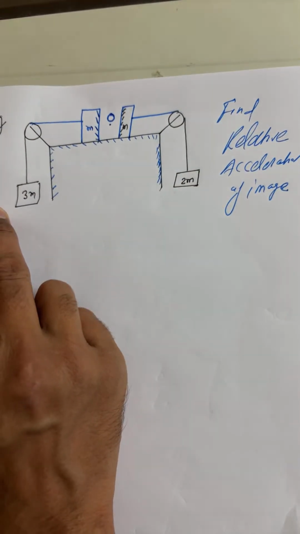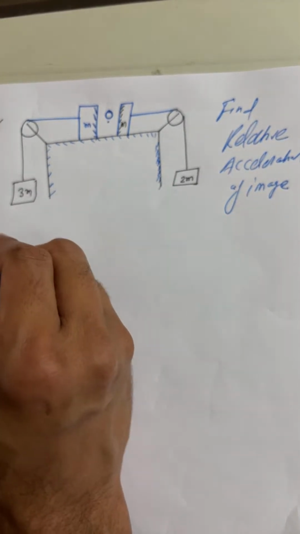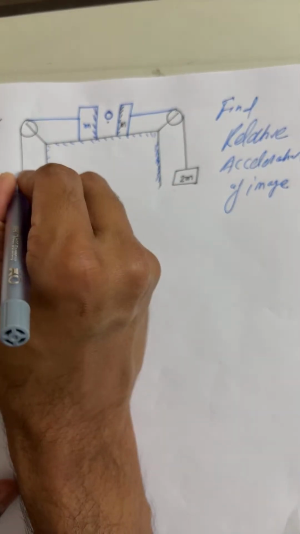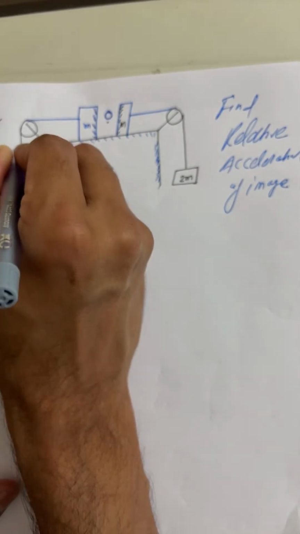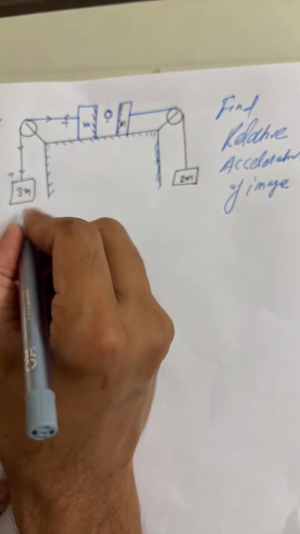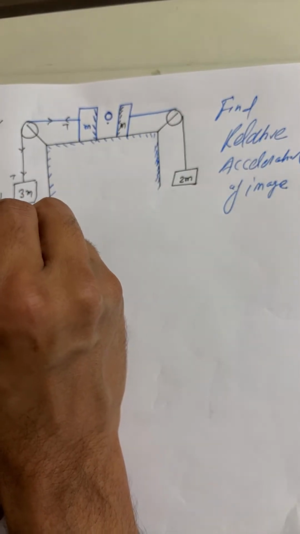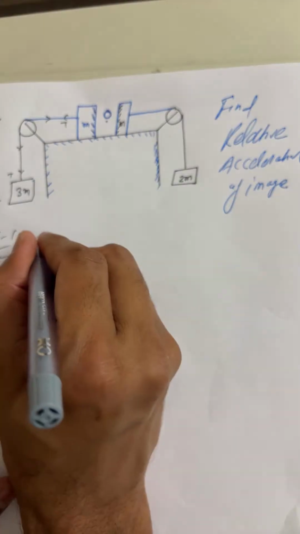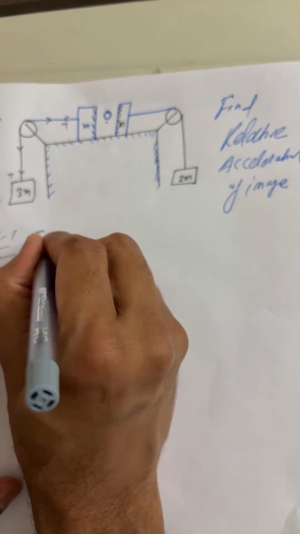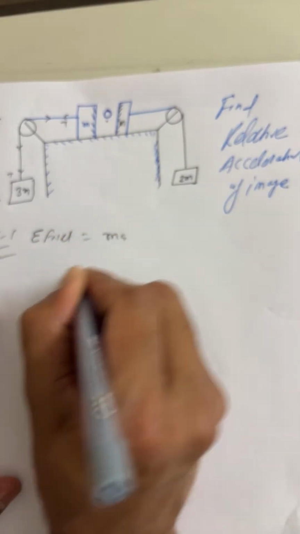I'll take the accelerations of the blocks as A1 and A2. This is tension, this remains tension. Let us suppose I'm considering the block going in the downward direction with acceleration A1. So applying NLM, summation of F net equals mA.